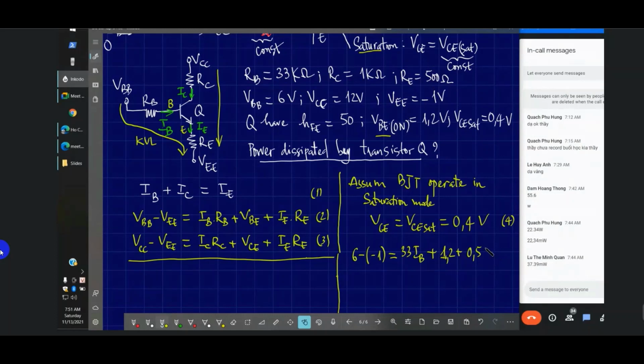For IE, I would like to make it the first equation. We got IE equal to IB plus IC.